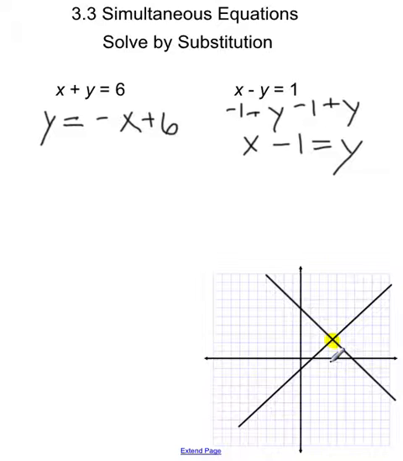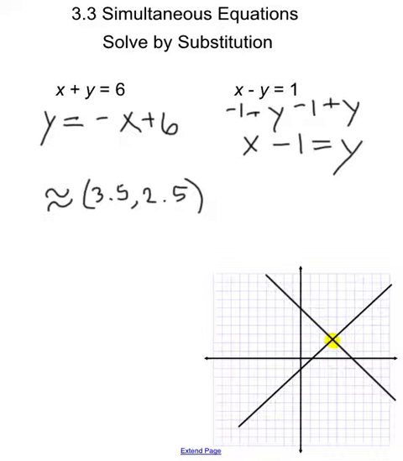It's about 3.5 for x and about 2.5 for y. So that's my guesstimate, and that's the problem with graphing method. One, it's a little tedious, and two, it's not always going to give you the answer right away. You have to kind of estimate.